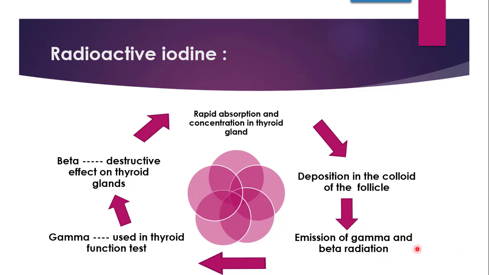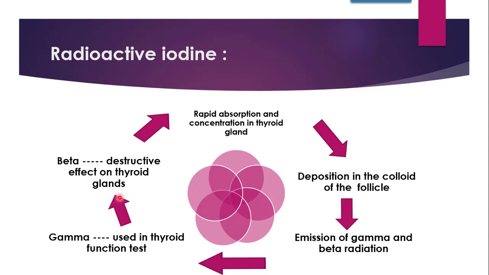This penetrating power can be used for the destruction of the thyroid gland, and the gamma rays which are emitted can be utilized in determination tests, like the thyroid function test. So thyroid functioning can be determined by the gamma emission, and beta radiations will destroy the thyroid gland.